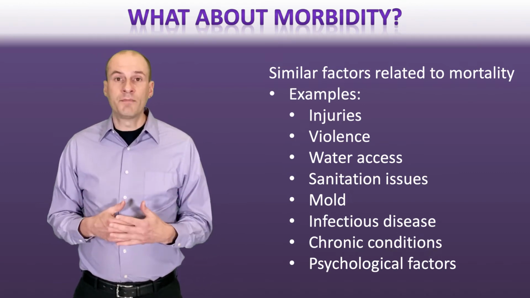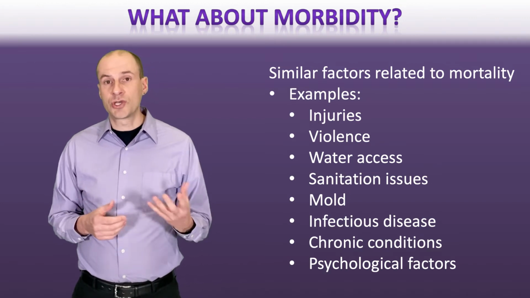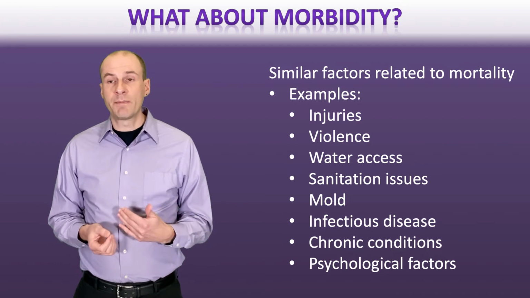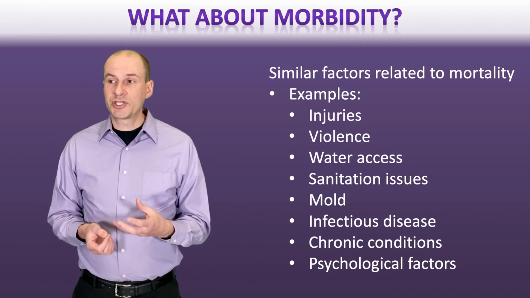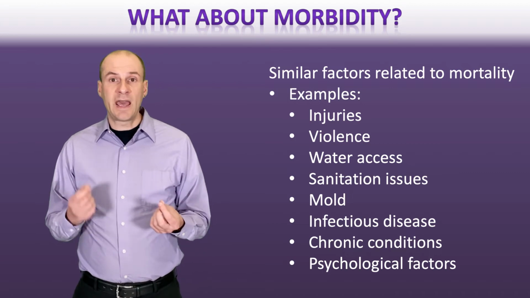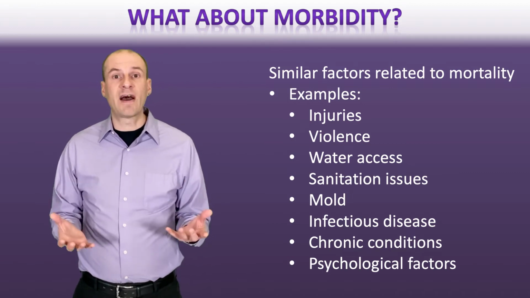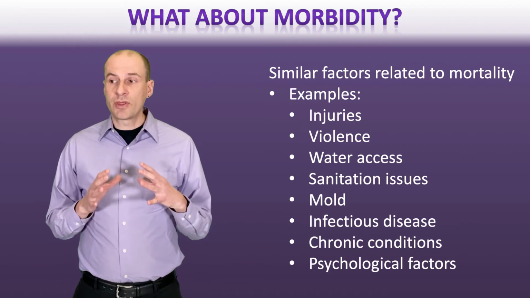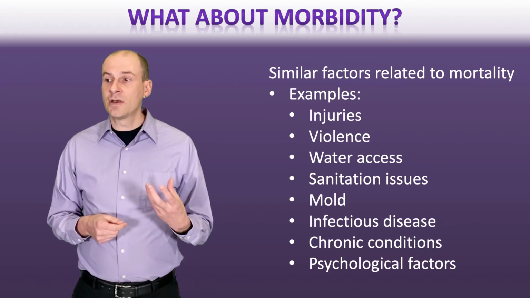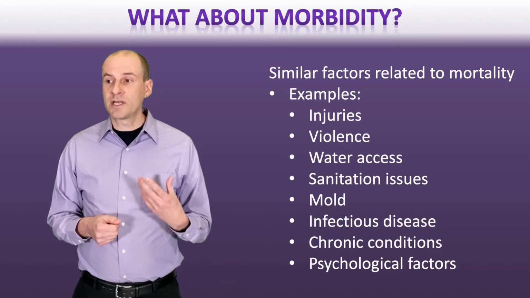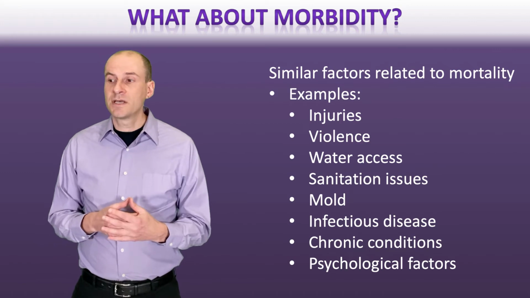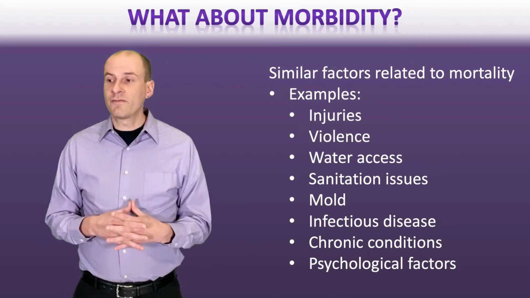You could have water access issues. So can you actually get clean water to drink? In Hurricane Katrina, for example, there was a hospital which didn't have access to clean water, and there were dehydration effects and no access to electricity for about 5 days after Hurricane Katrina. So there are issues like that. And then you can have sanitation issues and mold and infectious disease. The mold, for example, can have a long-term impact after flooding of various sorts.